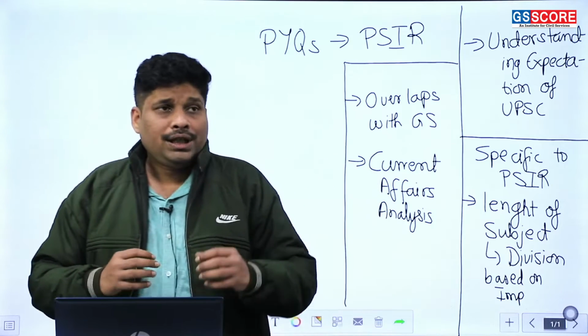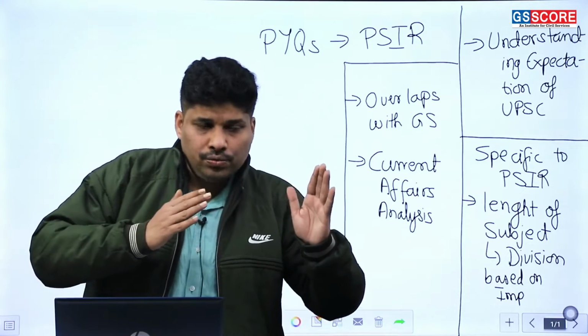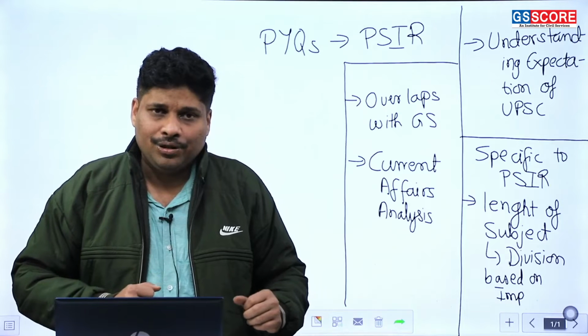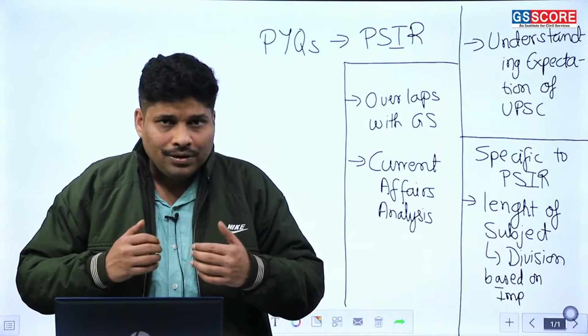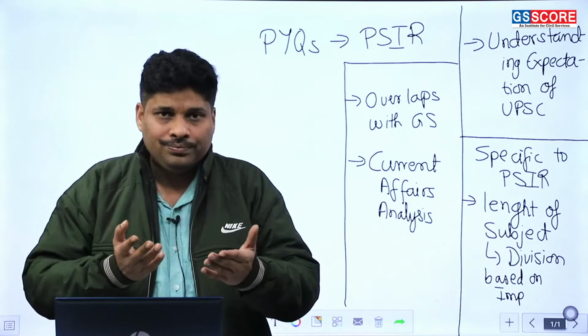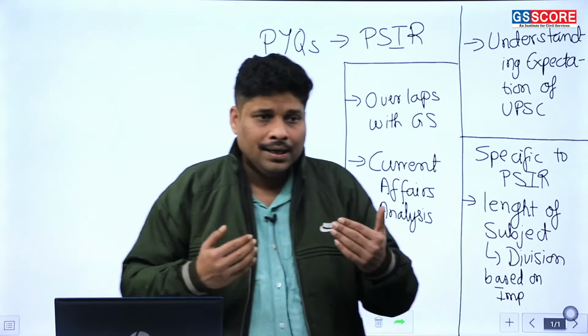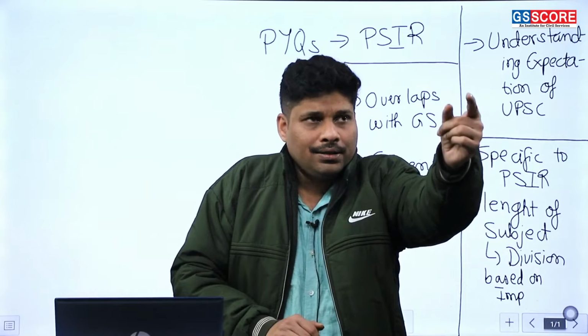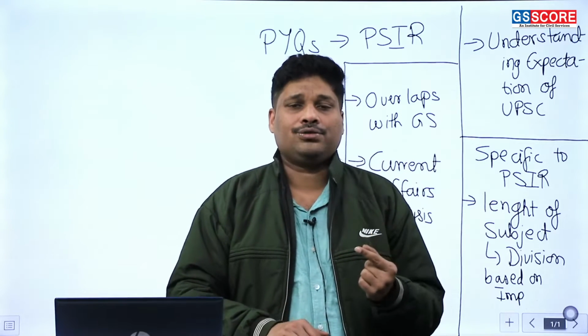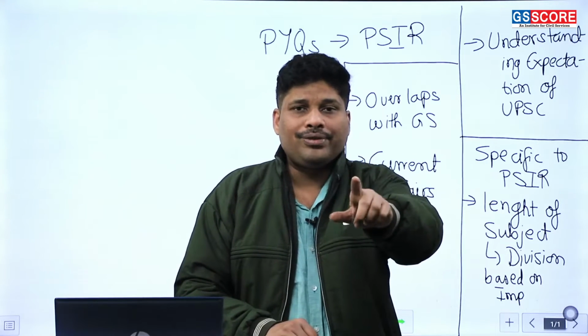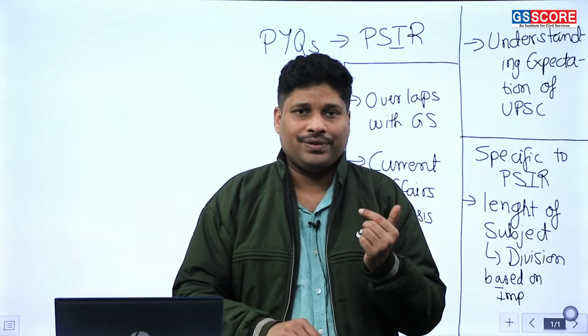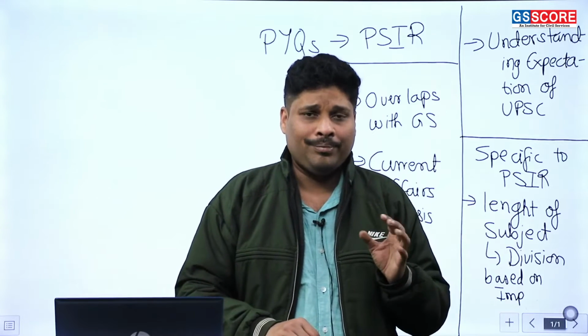So if there is a question aligned towards the static part of the concept, it is my job, along with you, we will do it together, that this current affairs has to be in line with the concept part. Only then will you get marks out of it.